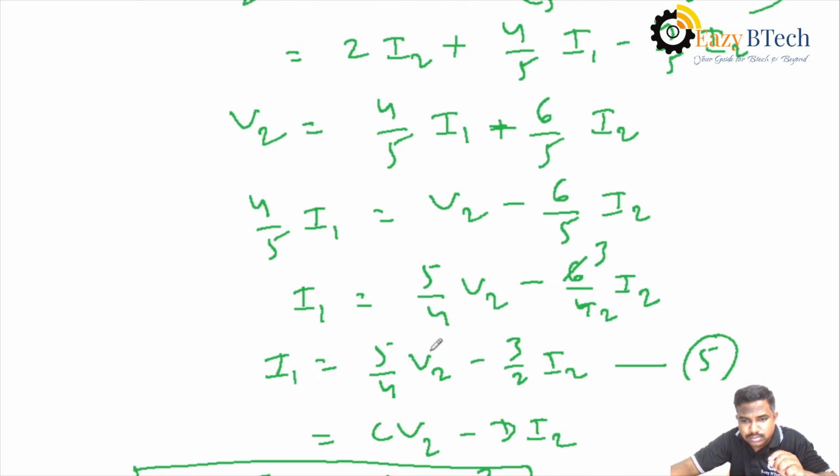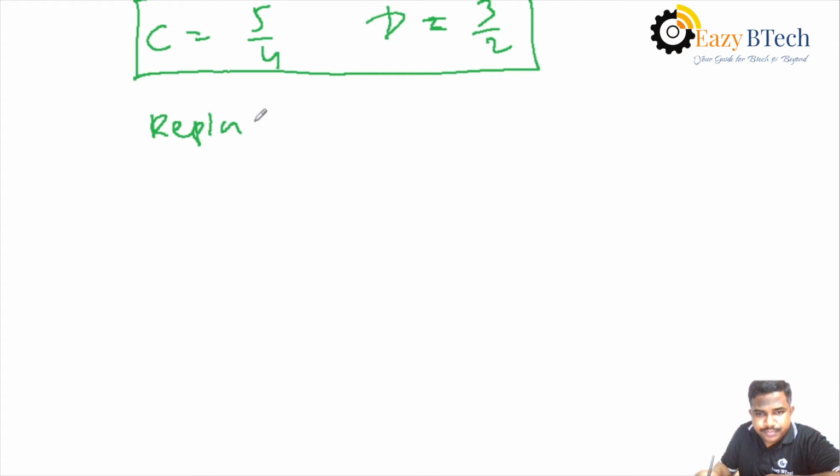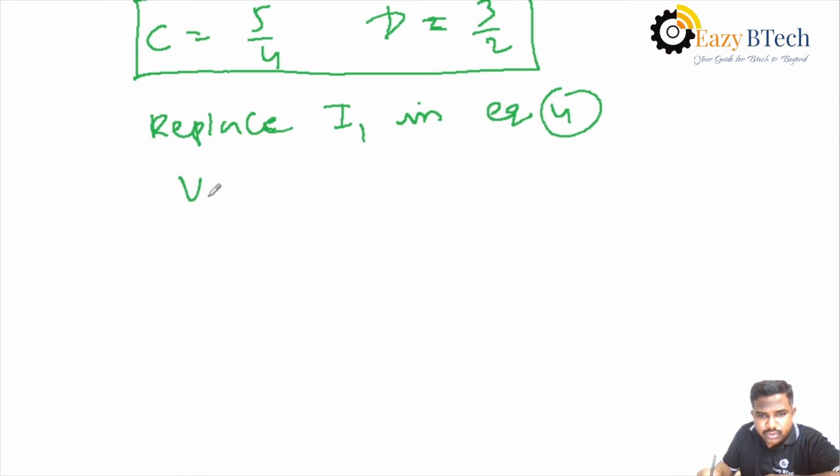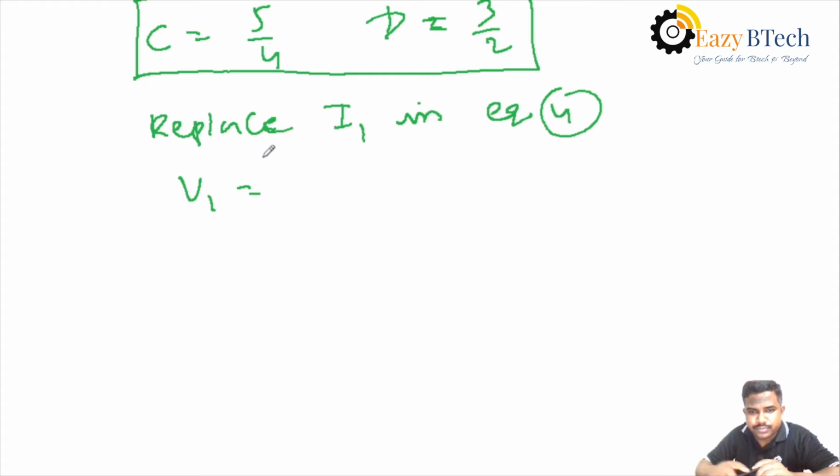So replace the value of I1 in equation 4. What is equation 4? That is V1 equal to 11 by 5 I1 minus 4 by 5 I2.